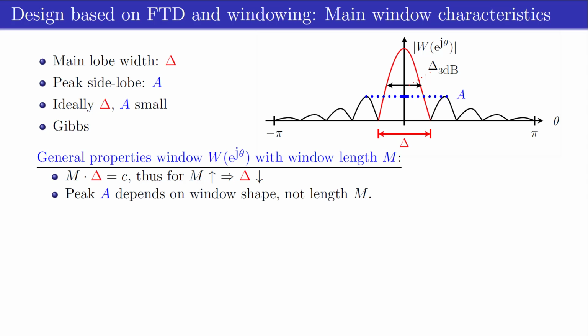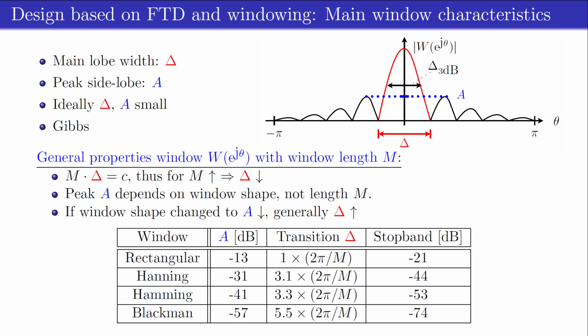As follows from the previous slide, the side lobe amplitude A does not depend on the length M, but on the window shape. Usually, a smaller side lobe amplitude A results in a wider main lobe width delta. Finally, note that the main lobe width delta is directly related to the transition band.